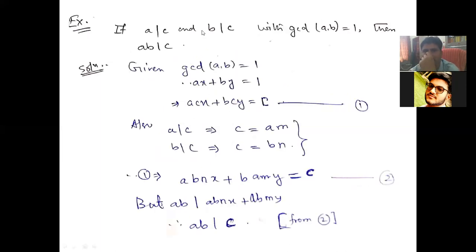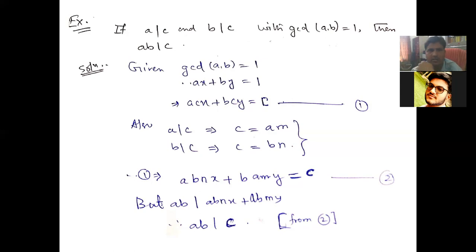Now if A divides C and B divides C with GCD of A, B equal to 1, then AB must divide C. Okay, this is also a very interesting result, small result, but we will use it very often in the coming lectures.